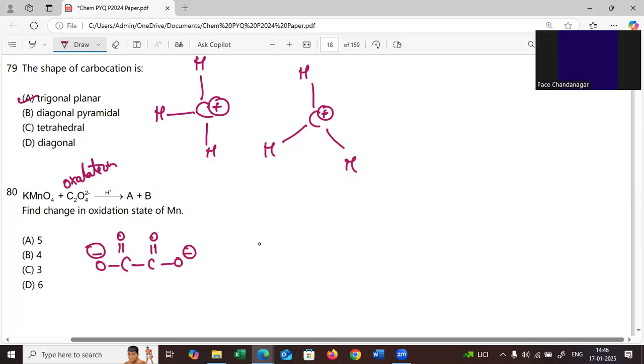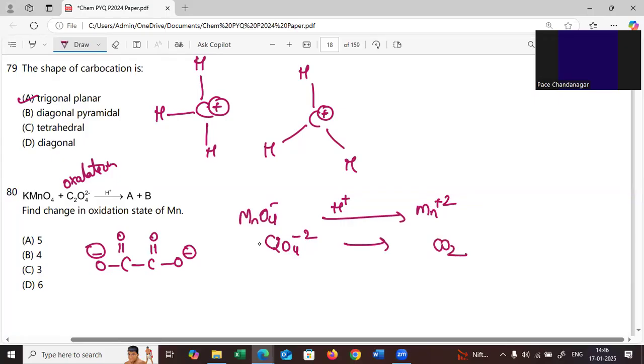In the presence of acidic medium, MnO4- from KMnO4, as we did in the d-block, will always give Mn 2+. And C2O4 2- will give CO2, carbon dioxide. Find the change in the oxidation state of Mn.